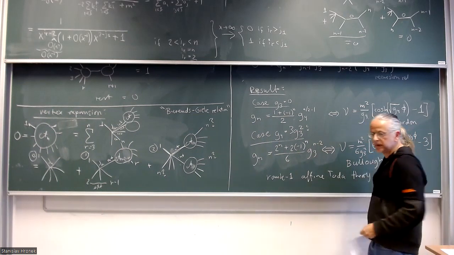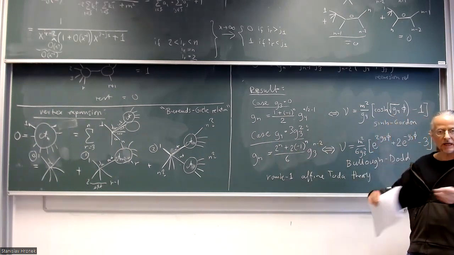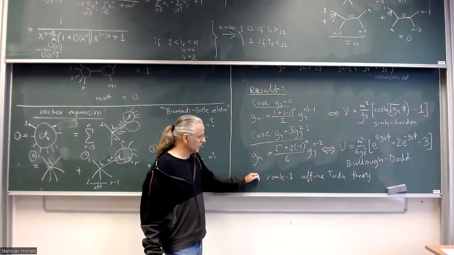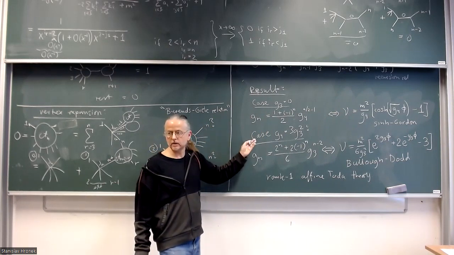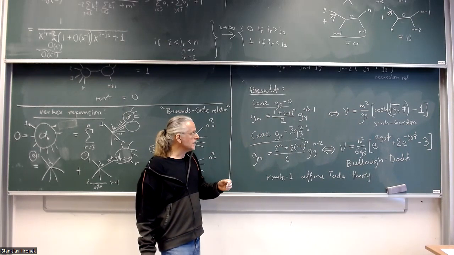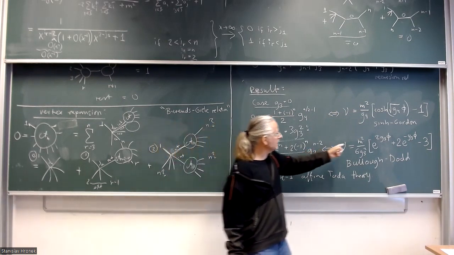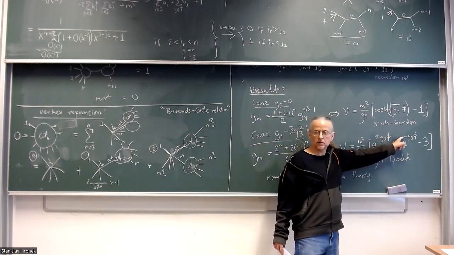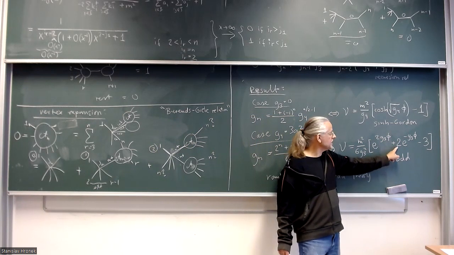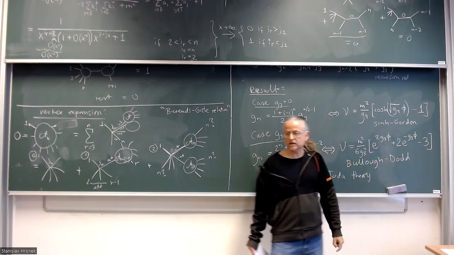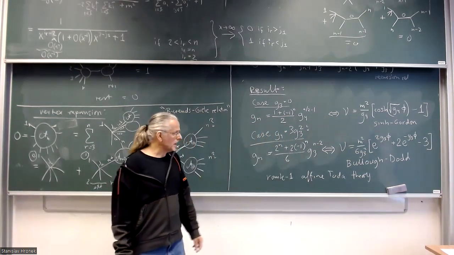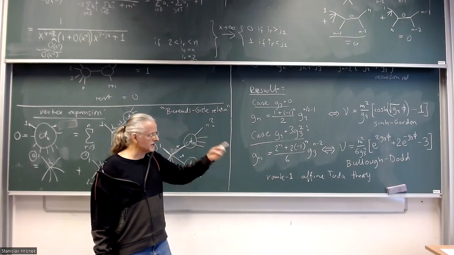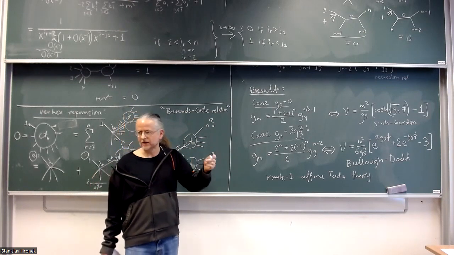If you introduce more fields, then you can adjust them to also have low particle production. They're known as affine Toda theories. And this is particularly weird because you notice you have different coefficients here in the exponential, and also different coefficients in front. I read some papers, but I'm not claiming to really understand what's going on.